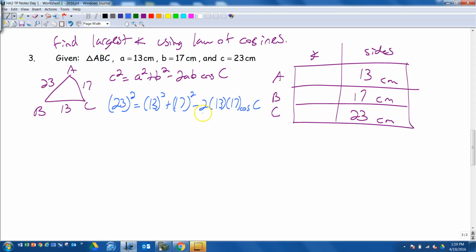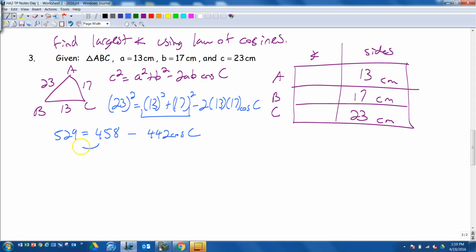Now be careful here. A lot of people make this mistake. They try to combine all these numbers when they shouldn't. So you get 529 is equal to, if you add these two together, you can combine those, you get 458 minus this stuff here becomes 442 cosine C. Again, you cannot subtract the 458 and the 442.